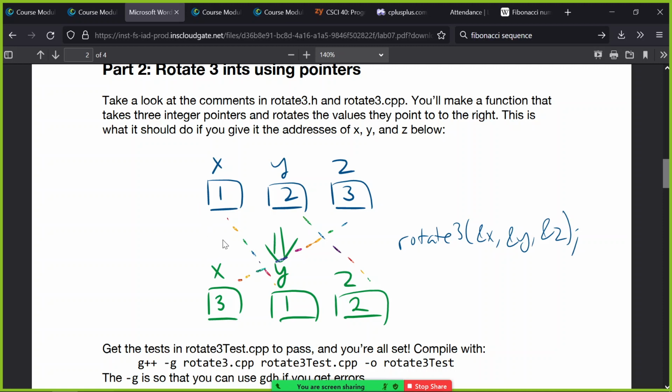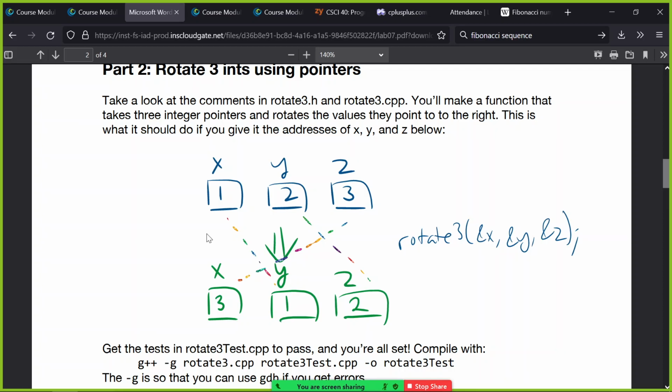So like the x, now it's moving to the y. So 1, 2, 3 becomes 3, 1, 2. Does that make sense? Everything's rotating to the right. So now y is the 1, z is the 2, and then it wraps back around. So the old value of z goes around to x, rotates to the right, and it becomes 3. So that's the final memory state that should happen after you call rotate3 on pointers to those ints.